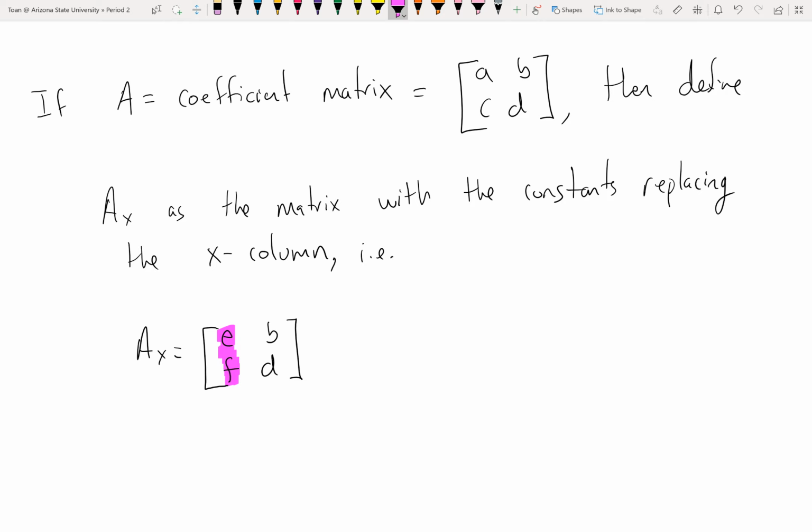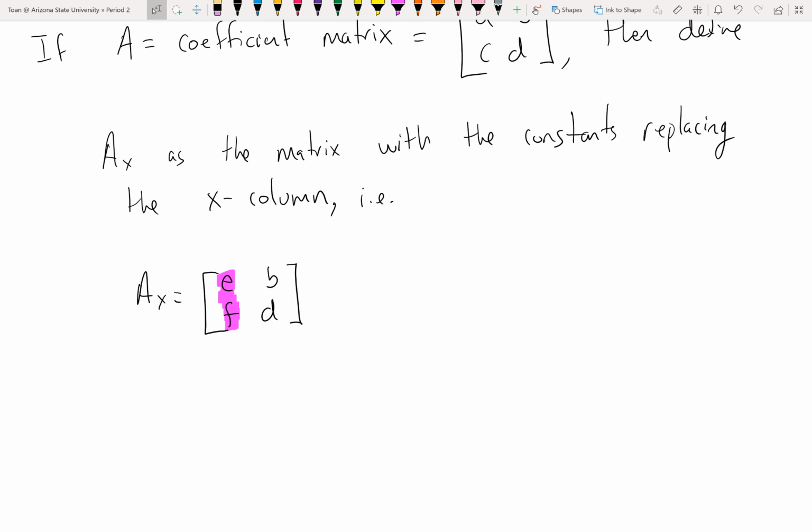Similarly, we're going to define A sub y. Again, I'm going to write down the original coefficient matrix, but I'm going to erase it, so copy it down after I do the erasing. A sub y is just taking the coefficient matrix, a, b, c, d, but you erase the y column and put the constants in.